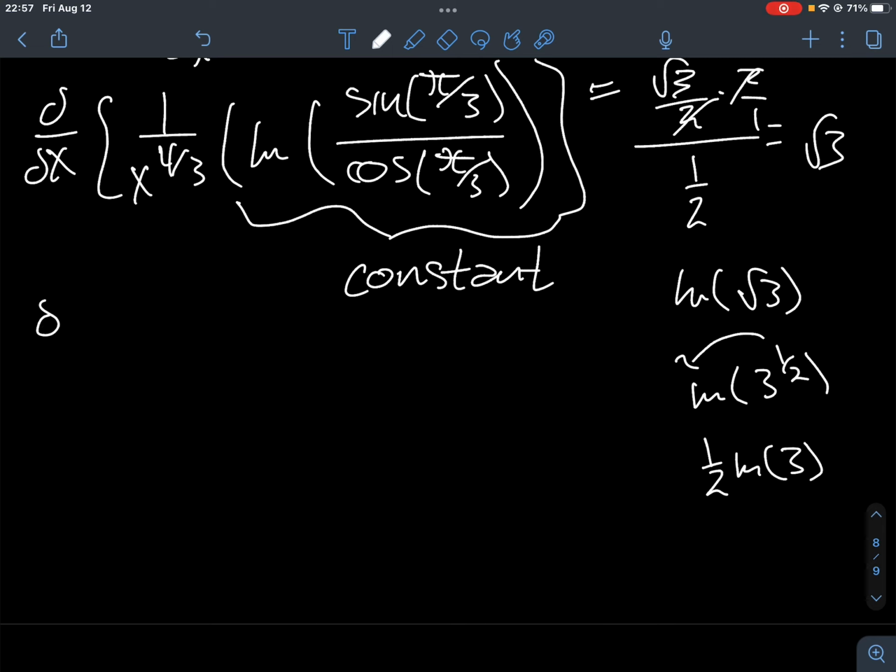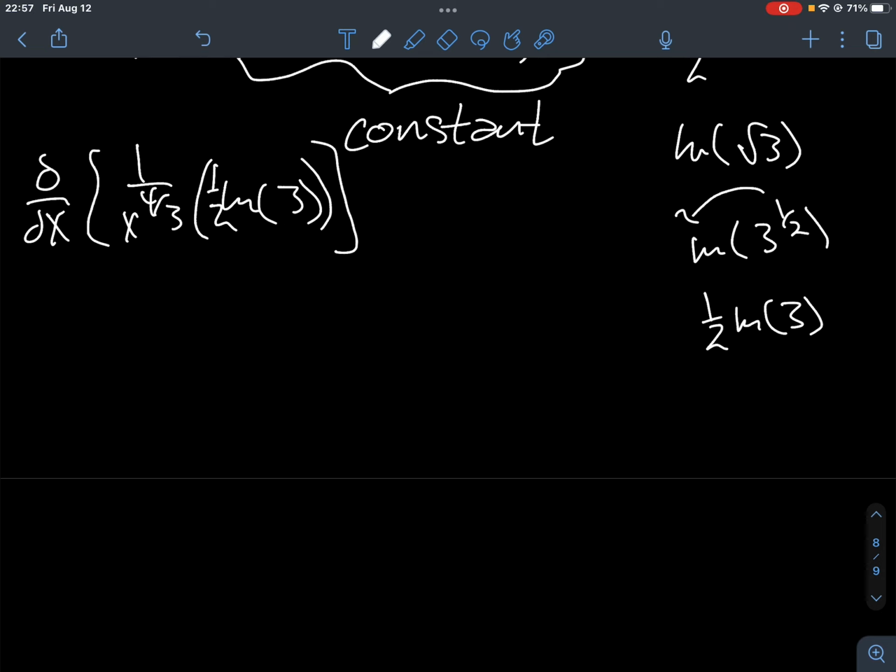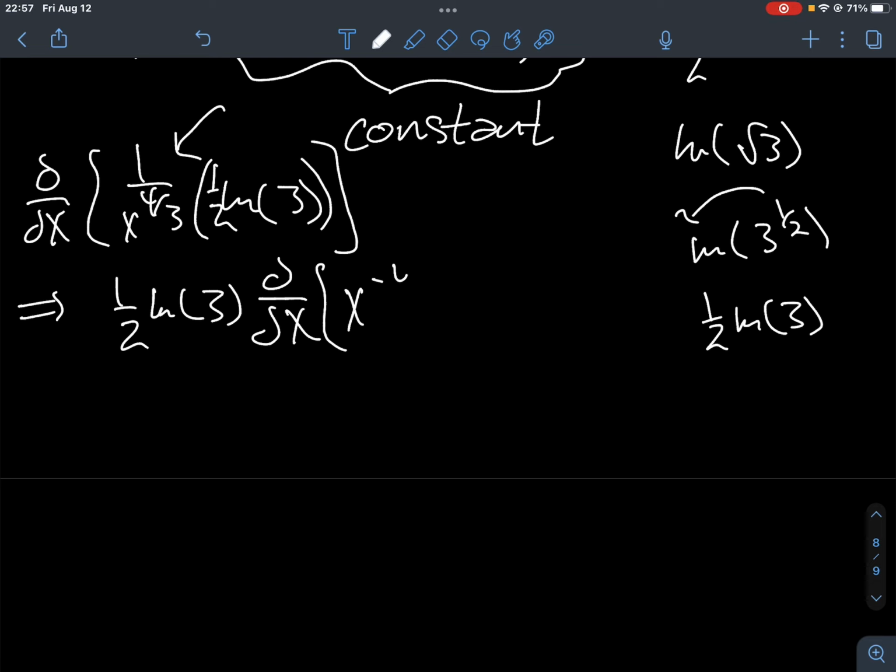So we can rewrite this as d dx of 1 over x to the 4/3 multiplied by a half ln of 3. Well, half ln of 3 is just a constant, so we can pull that on the outside. So half ln of 3 d dx. Now we can rewrite 1 over x to the 4/3 as x to the minus 4/3.